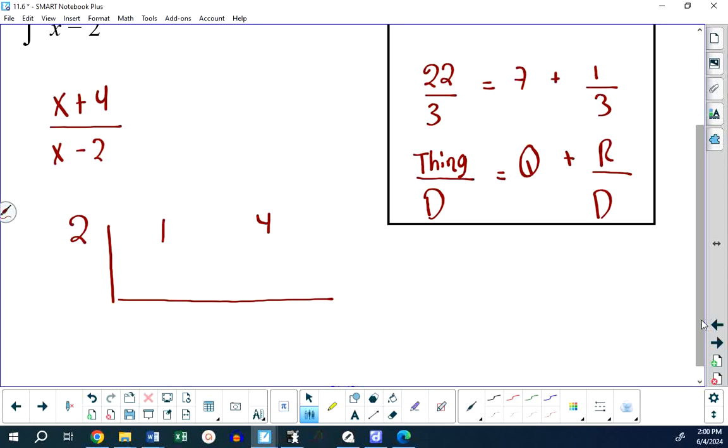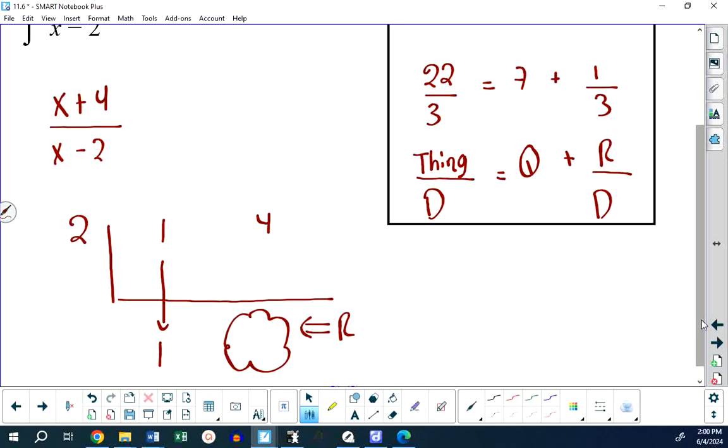When we do synthetic division, we put the 0 of the divisor in that spot to the left of that L-shaped box. And we bring down the first one. And then you multiply and add until you get to the end. Your very last entry in synthetic division will be the remainder. Everything else below the line is the quotient.